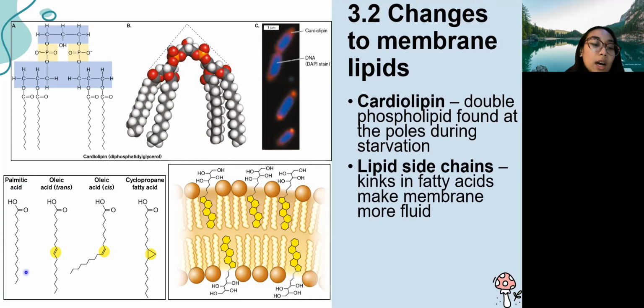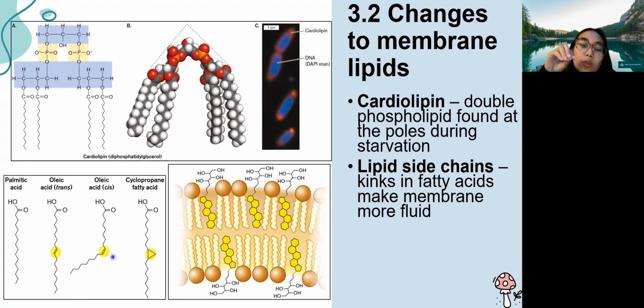You probably learned this in some class: unsaturated fats are liquid at room temperature because they have these kinks, and these kinks prevent them from packing tightly. It's the same principle here. If bacteria need to make their membrane more fluid, they will add these side groups, which give the fatty acids kinks.